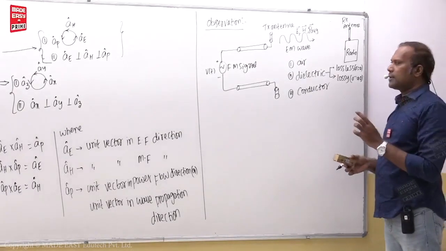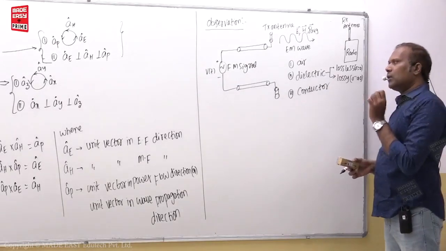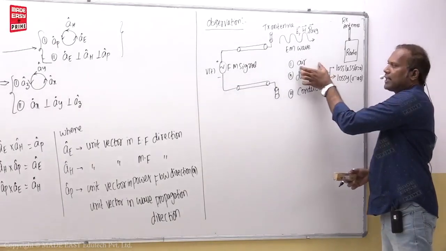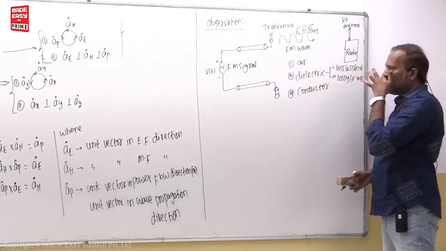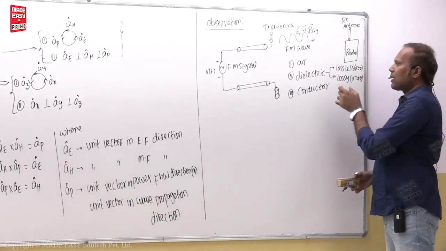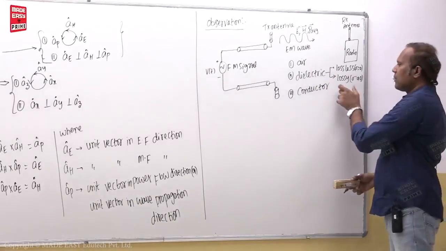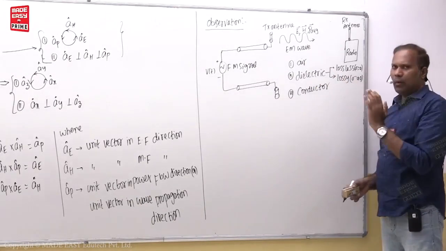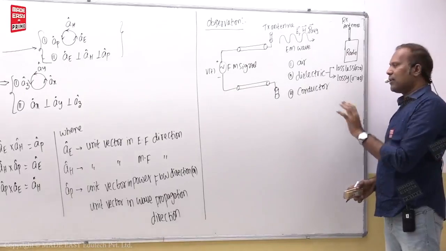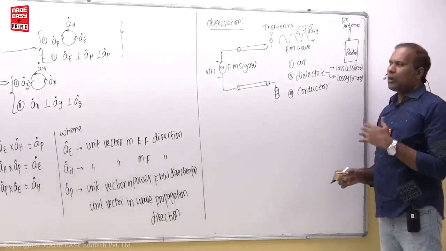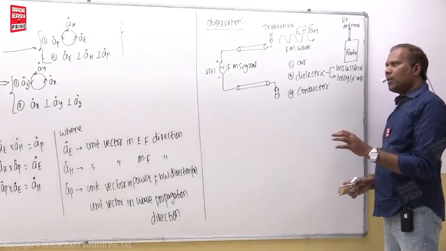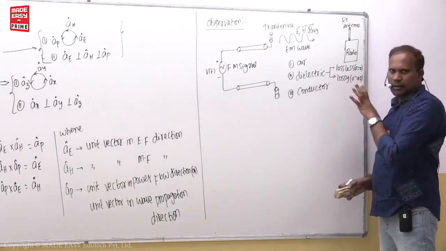For all those equations, we have to write all those equations when wave travels in air medium with separate heading. What happens to those equations when wave travels in lossless dielectric medium? Then what happens to those equations when wave travels in lossy dielectric medium? What happens to those equations when wave travels in conductor medium? So we have to study them. That means already almost we have completed this discussion.